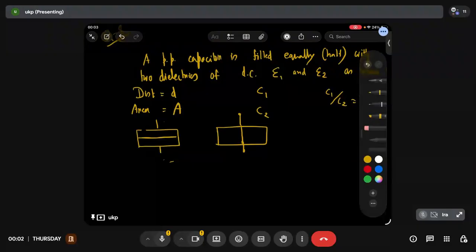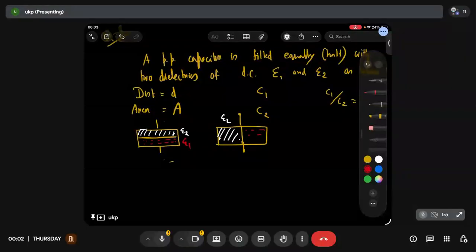This one has been mentioned to be E2, and in this figure this one is E2 for us, and the other one, let's say this one is E1 and this one is also E1.